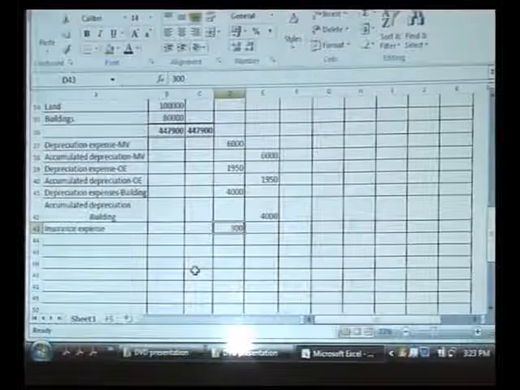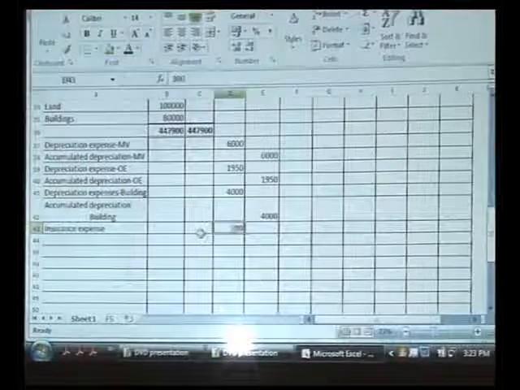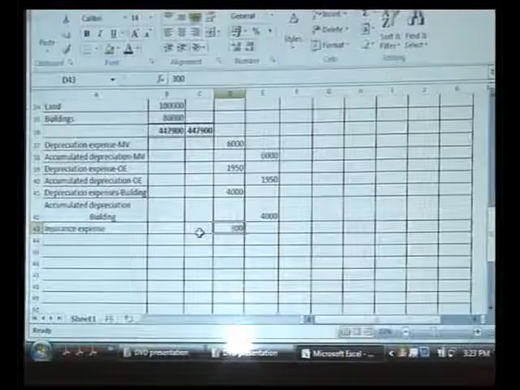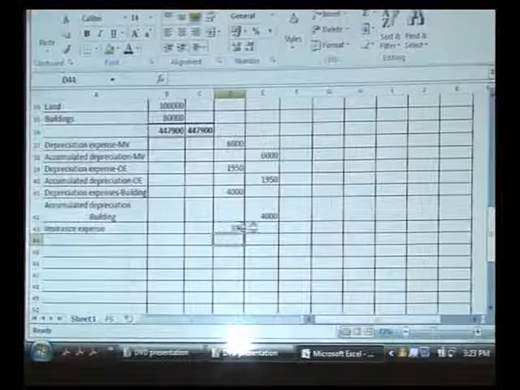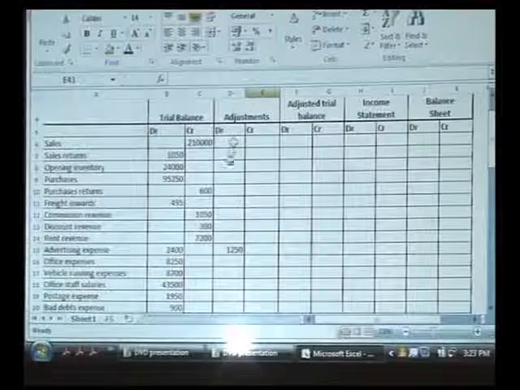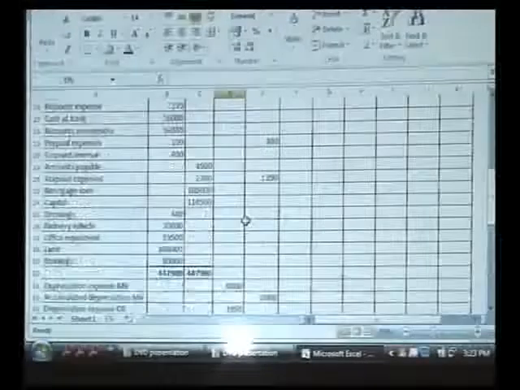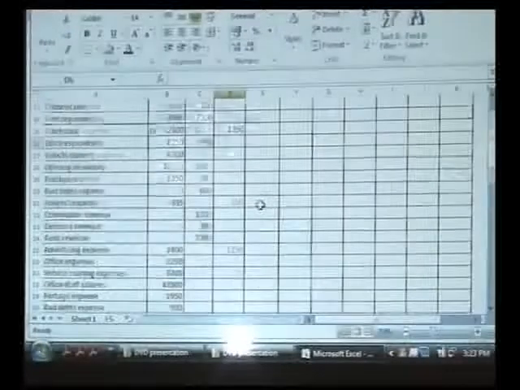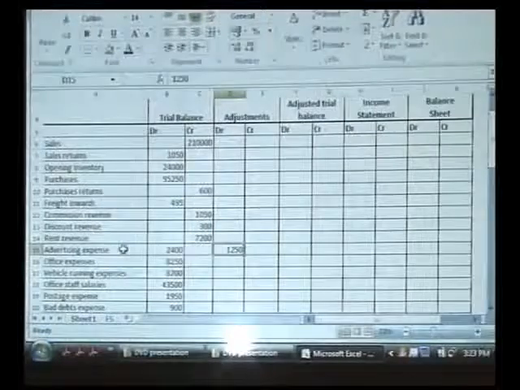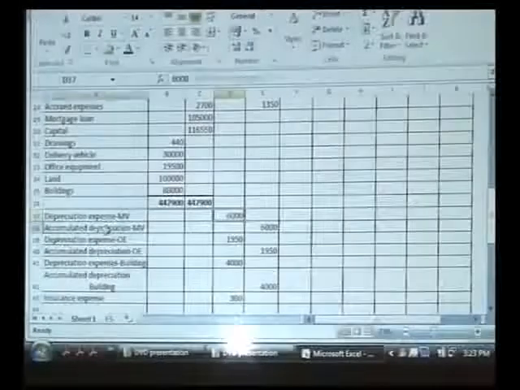Okay, now we made all the adjustments except number 1, because number 1 is adjusted to the income statement and the balance sheet, so therefore we don't have to include it in the adjustment column. So the adjustment column now, you can see there are debit items and the credit items. These are adjustments to the existing balances as well as new accounts.